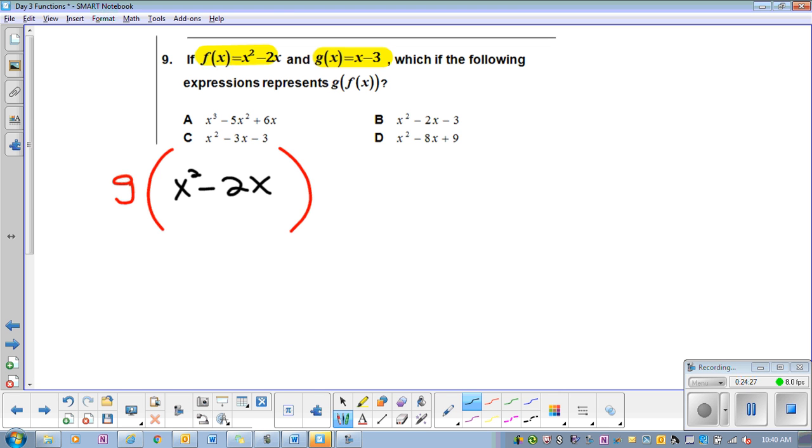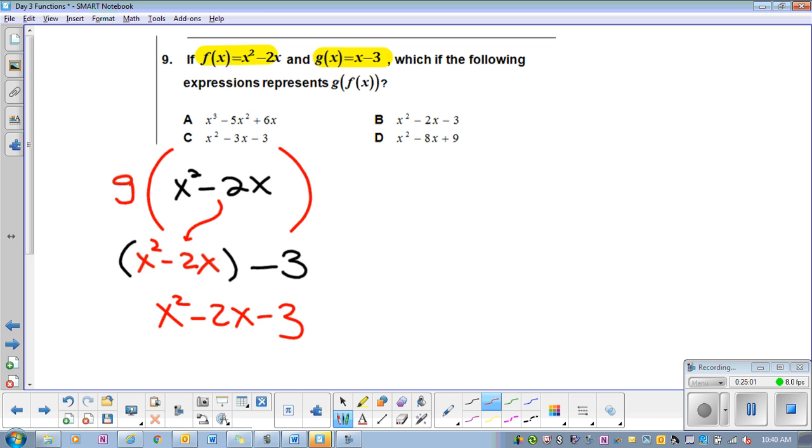So now what you're doing is you're going to plug in x squared minus 2x for the x in your g function. What is your g function? X minus 3. What goes in for the x? X squared minus 2x. Can you combine anything? No. So this is just x squared minus 2x minus 3, which is D.